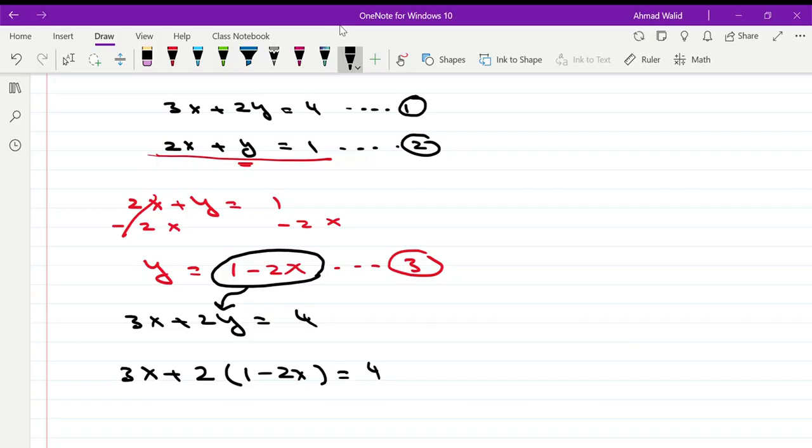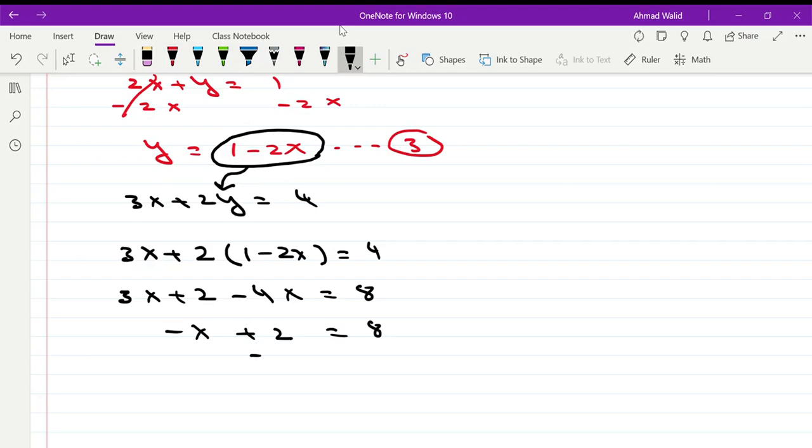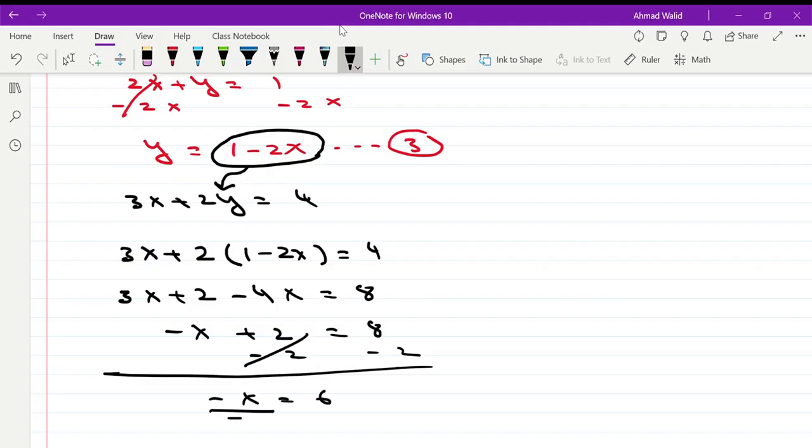Solve this equation for x. 3x plus 2 minus 4x equals 4. 3x minus 4x gives you negative x. Plus 2 equals 4. Subtract 2 from both sides. Then negative x equals 2. Divide by negative 1. x is equal to negative 2.